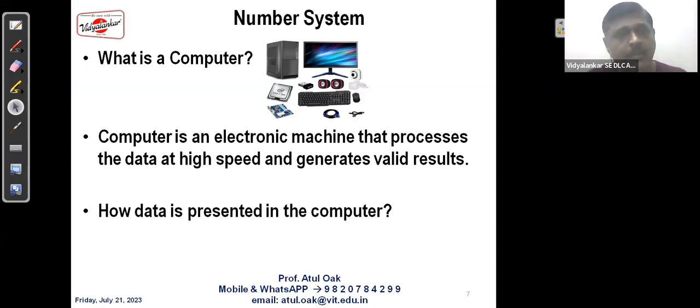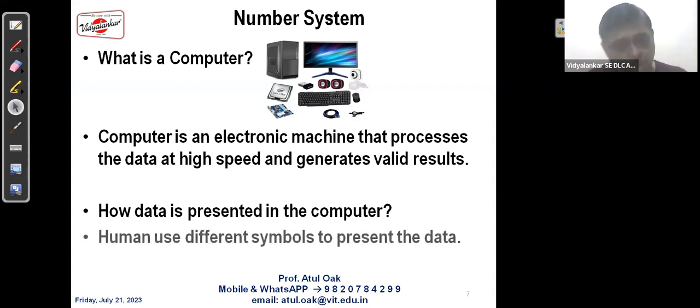Example, we humans use lot of symbols, alphabets, digits to represent the data. Now we are talking. Our communication is in English. That's the data. What I'm sharing is data using English, using alphabets, words.